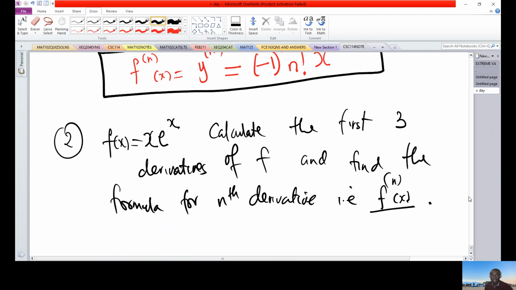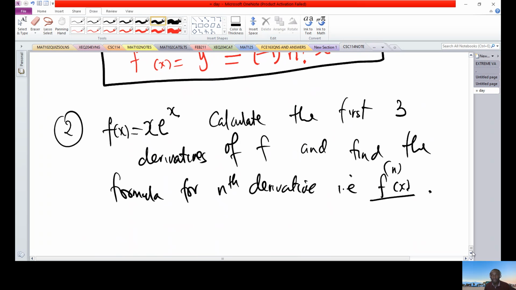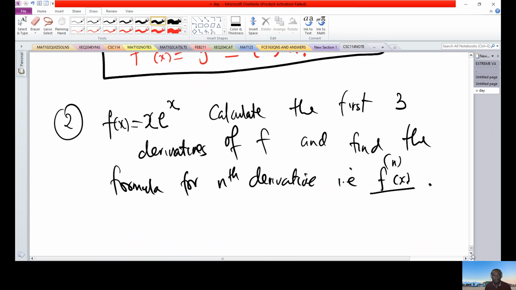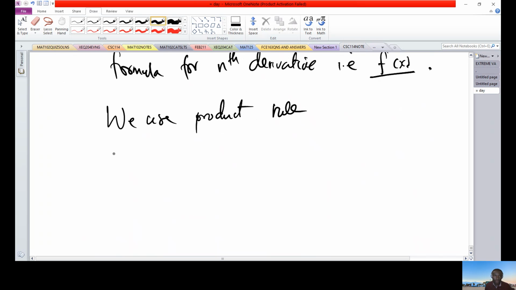Now here you see that this function is obtained as a product of 2 functions, e raised to the power x and x. So we use the product rule. f is given by x e raised to the power x. Let this one be u and this one be v.